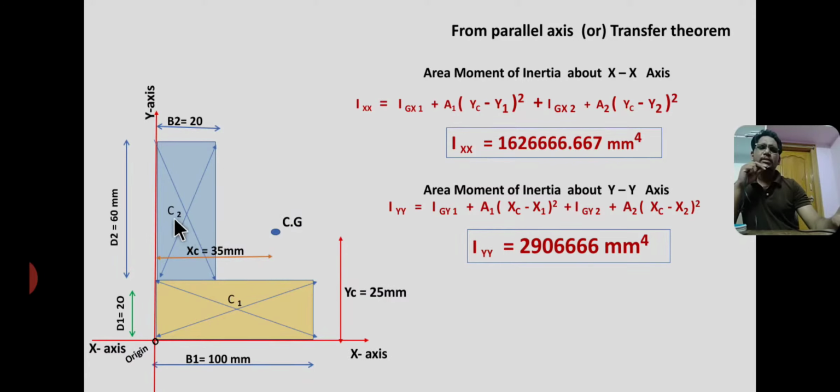Here C1, C2 are the individual centroids, whereas CZ is the centroid or center of gravity of the entire L section, at a distance of xc from the y-axis and yc from the x-axis. Gx is the centroidal x-axis. Similarly Gy is the centroidal y-axis.